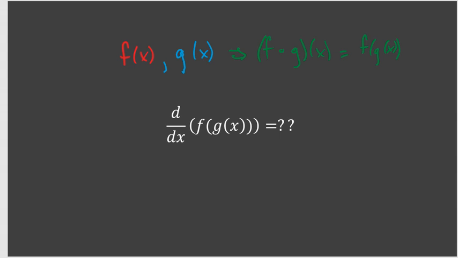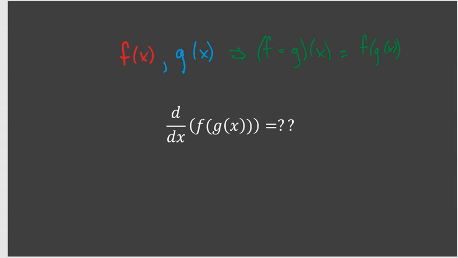And f of g of x means that I'm going to take the entire function g of x and have that take the place of any variables in f of x. So the question is, how do we come up with the derivative of this composition of these two functions, f of x and g of x?